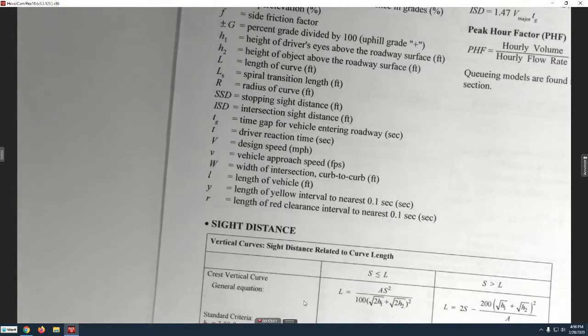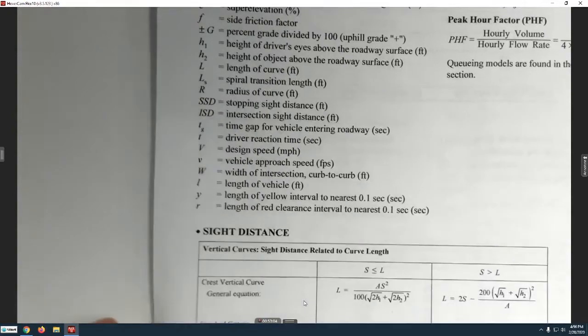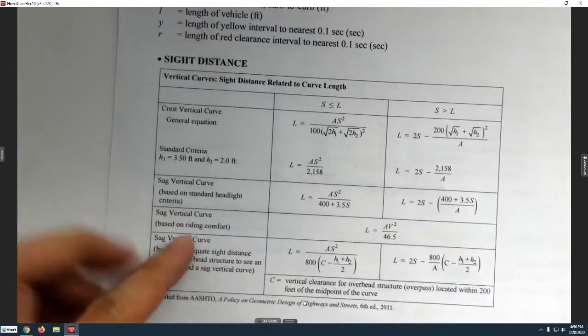Let me see if it covers it somewhere else. It's not in this set. I don't think so. So, others that could be important for curves are here.